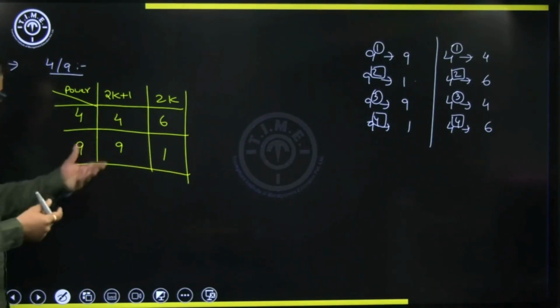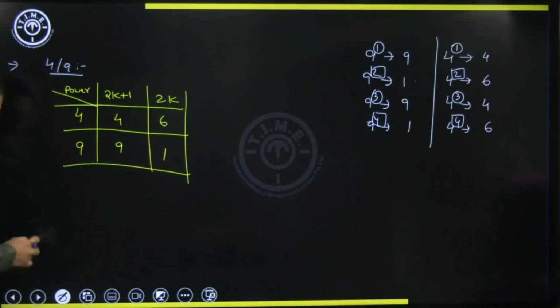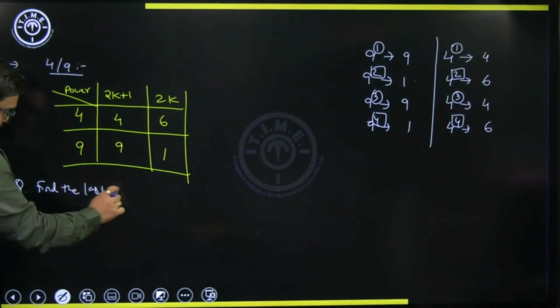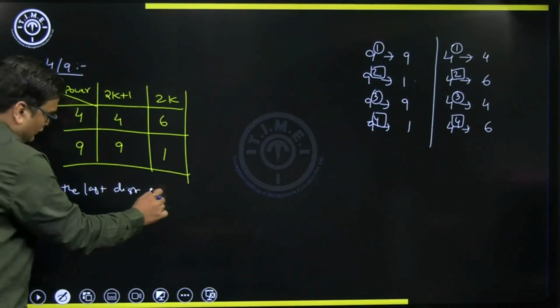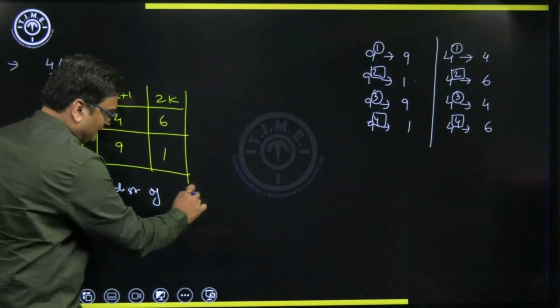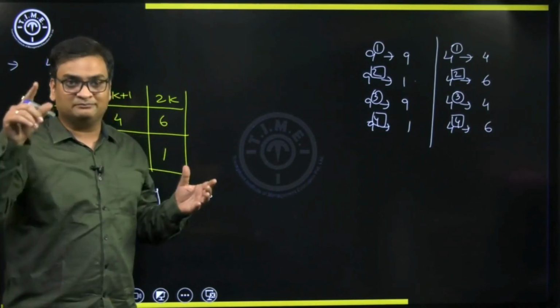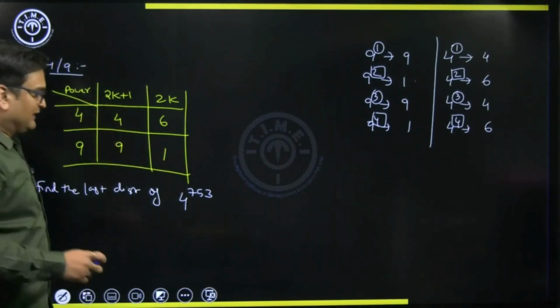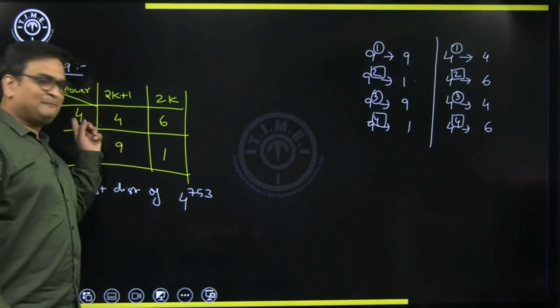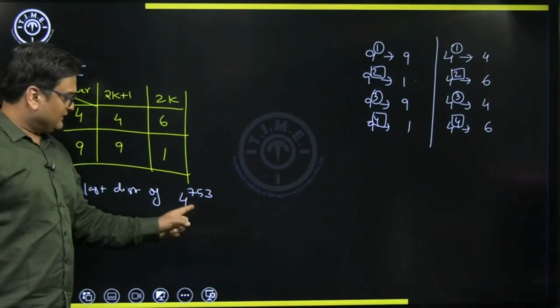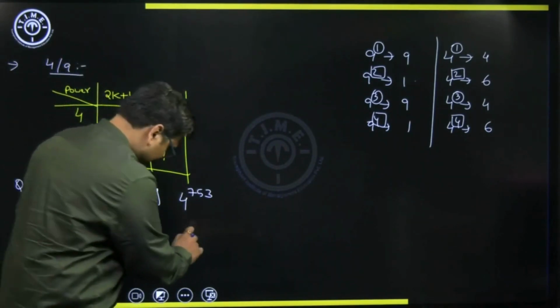If you remember this table simply, we can answer several questions, like for example: find the last digit of 4 to the power 753. Now 4 to the power 753 is such a huge number, but following this table, when the base is 4, I will think about my power in terms of odd and even. And here the power is odd.